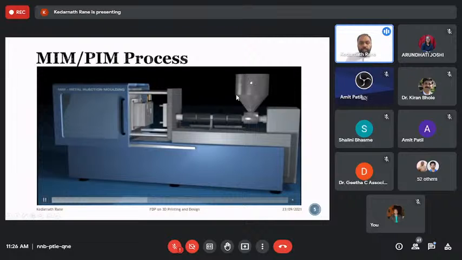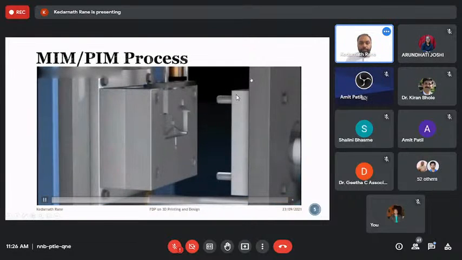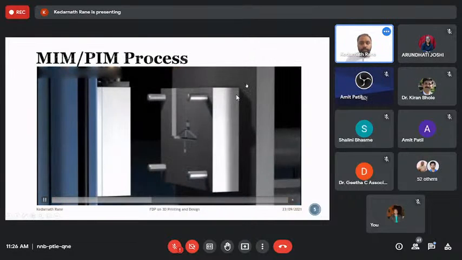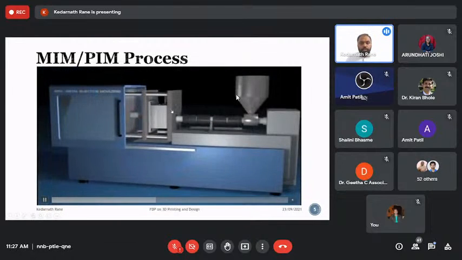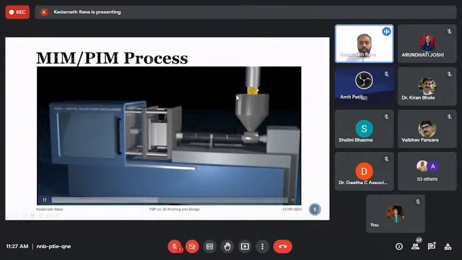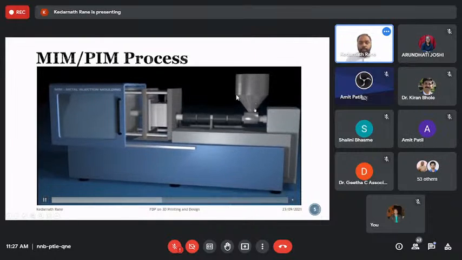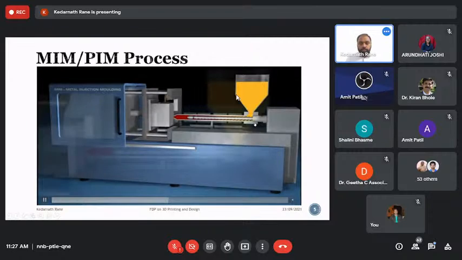You are going to charge the material here in the hopper. The molds are getting closed, and you're putting the material in the hopper. Because of the non-metallic constituent polymers, it is easy to melt this kind of feedstock.